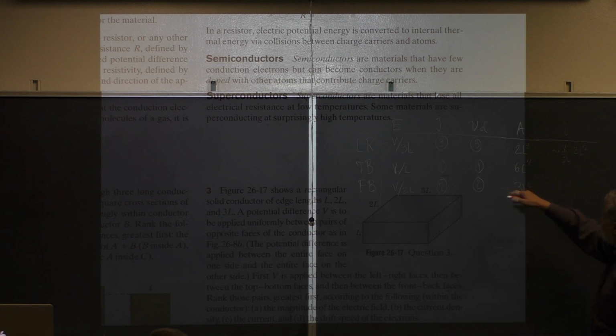Then for the second one it would be V over L times 6L squared, and for the last one V over 2L times 3L squared. So you have 3 halves, 6, and 3 halves. So these two are the same, and this one is the largest.